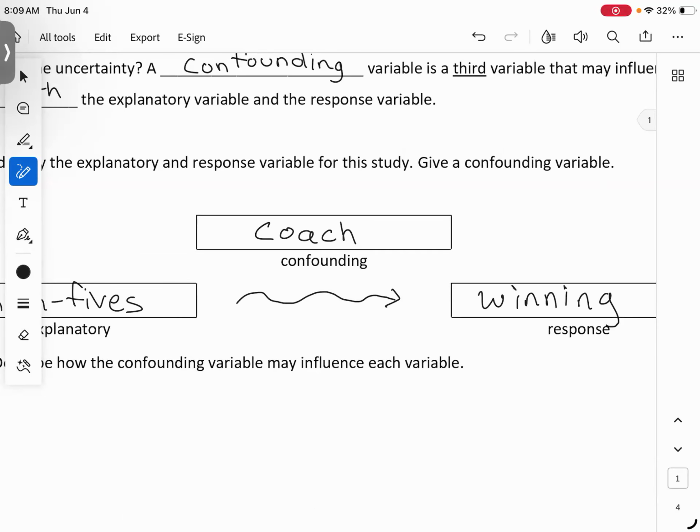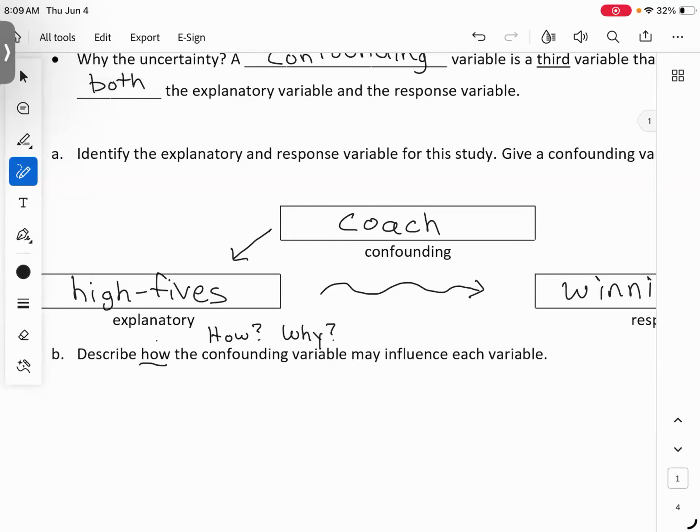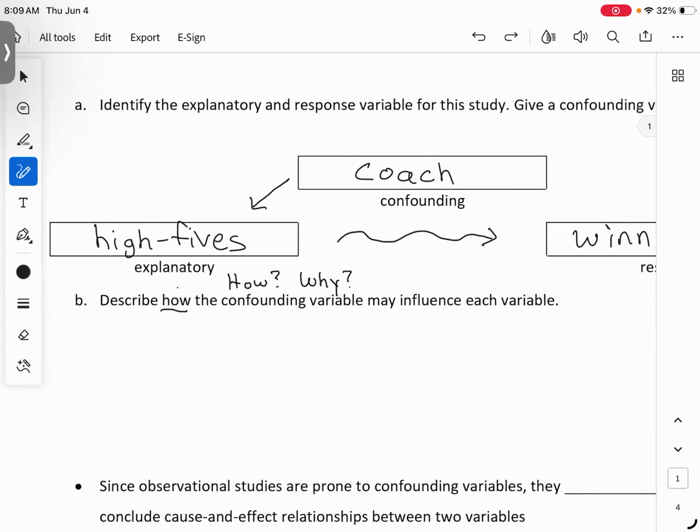Once you pick that third wheel, you need to explain how, or why, this little arrow that I just drew. How does the coach, depending on who their coach is, influence why they are going to do more high fives?